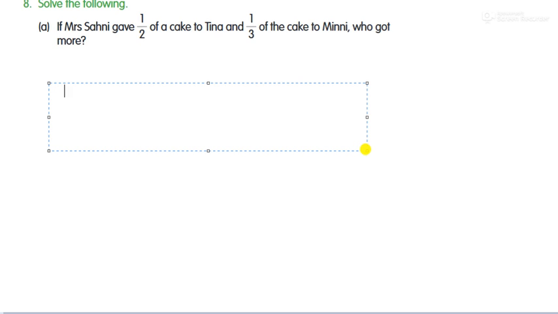So here Tina got 1/2 part of a cake. Next, Muni got 1/3 part of a cake.